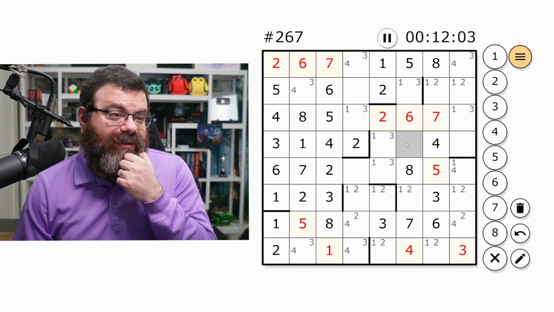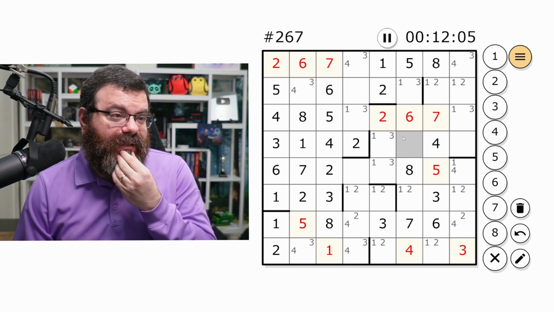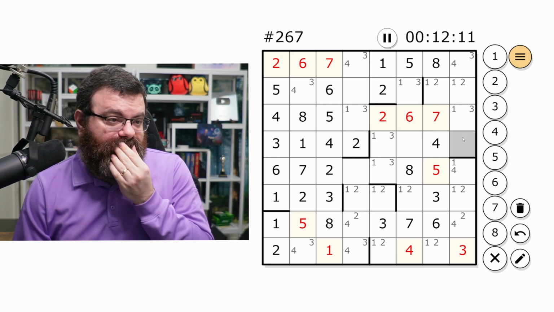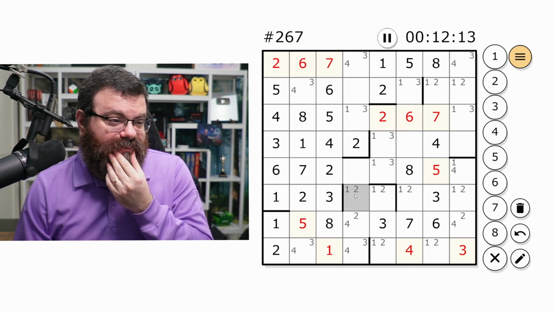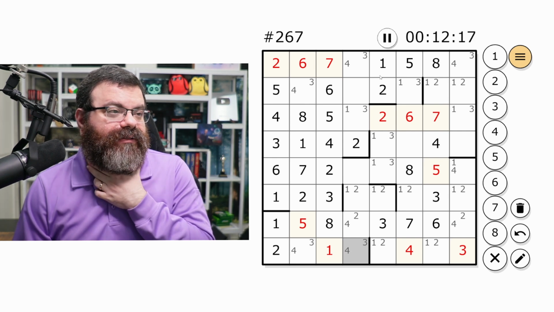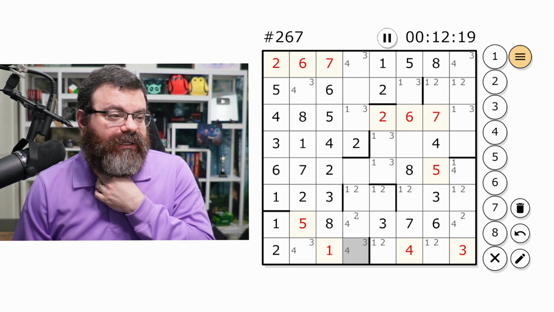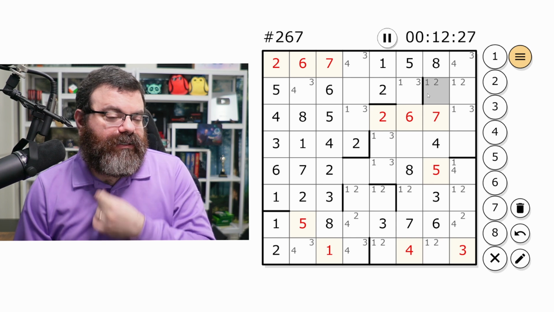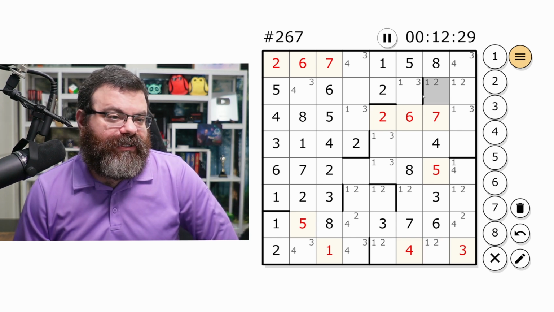Wow, this puzzle's hanging on. What am I missing? 1, 3, 4 here. I almost have everything penciled. What did I miss? Probably some digit looking at a pencil mark that I didn't clean up. I don't have like a remote pair situation or anything, do I?